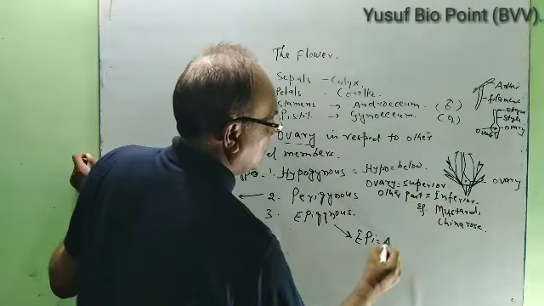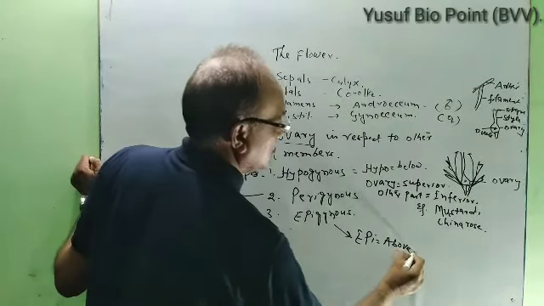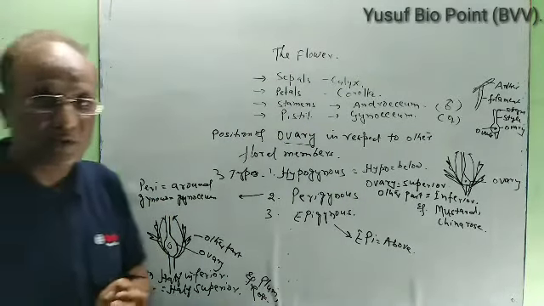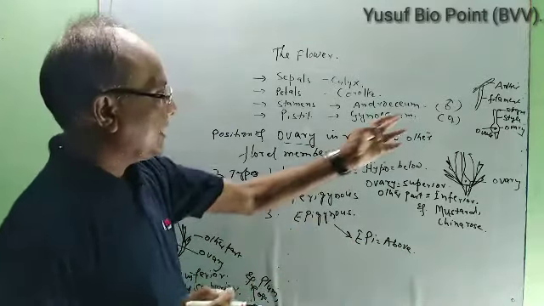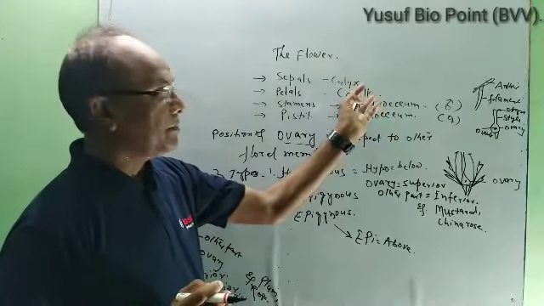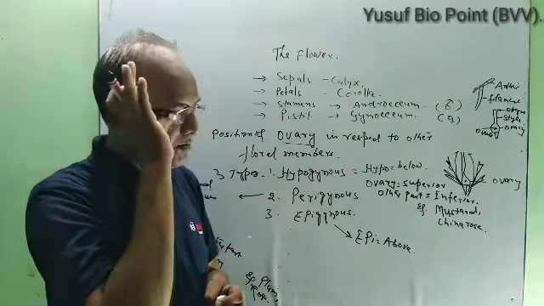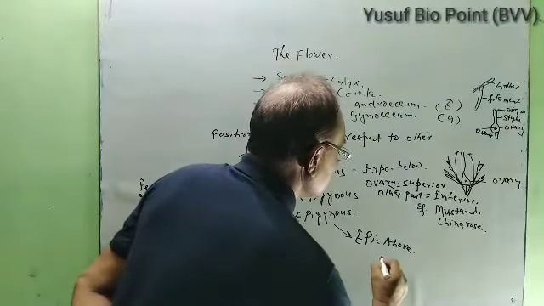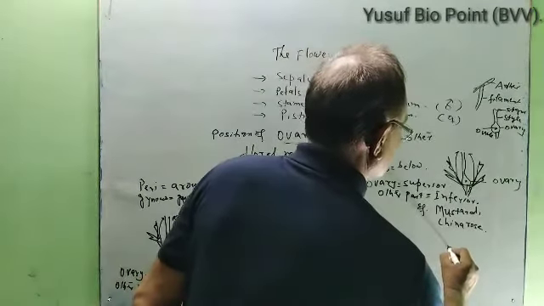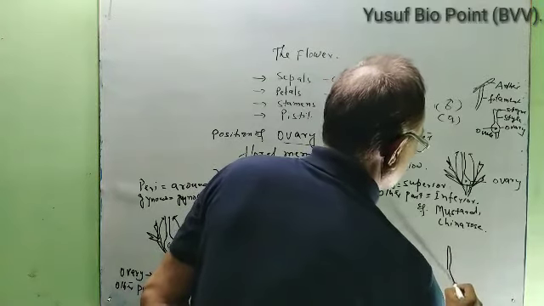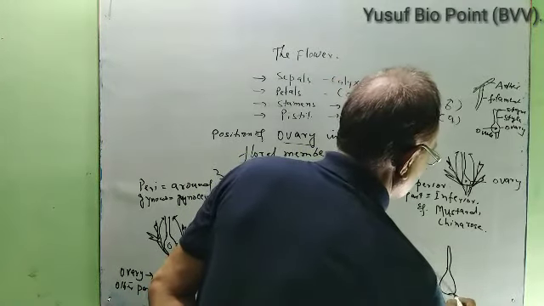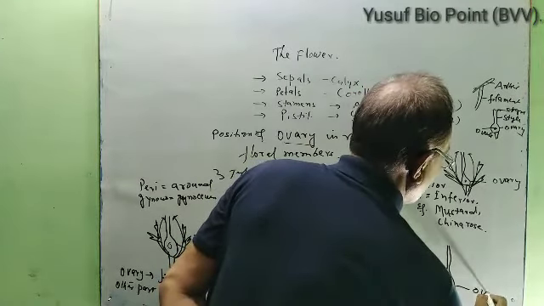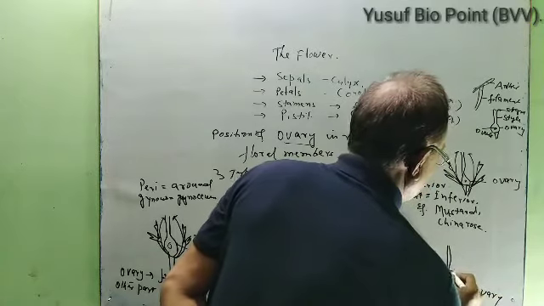Now epigynous. Epi means above. All the other parts are found above the gynoecium. Means stamens, corolla, sepals, petals, they are found above the gynoecium, above the ovary. This is the female part.